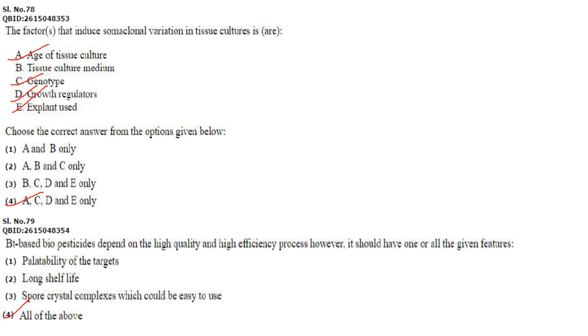So the answer here is ACDE. Answer is option 4. Next one. Bt-based biopesticides depend on high quality and high efficiency processes. However, it should have one or all of the given features.